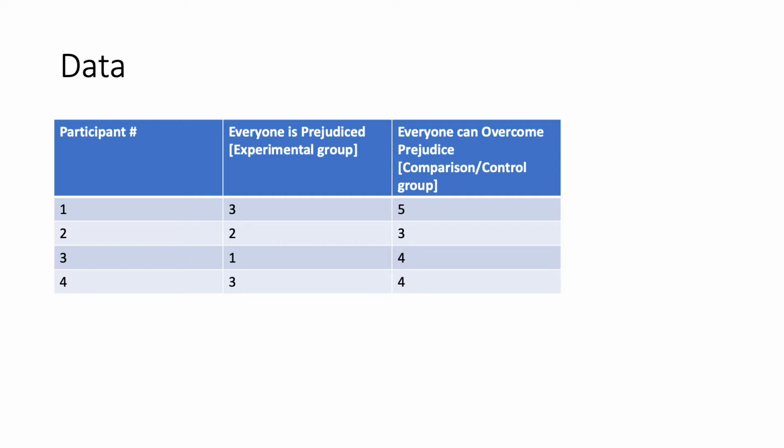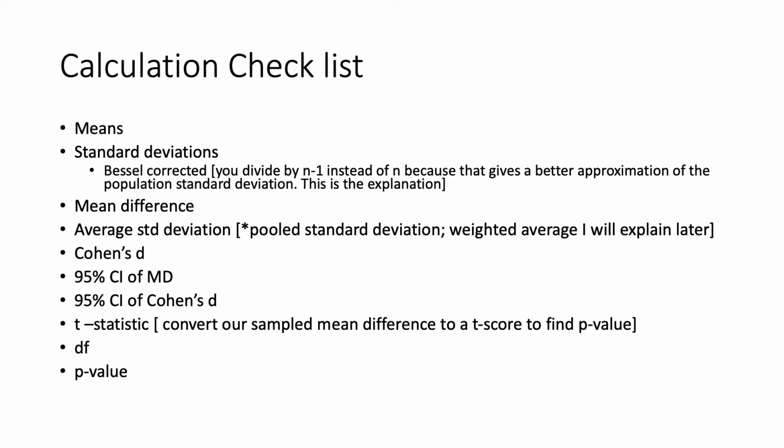So we're going to be calculating the same things we did last time, and we're going to have to enter this data into SPSS. So now we have the same calculation checklist. I want the means. I want the standard deviation, which will be Bessel corrected. I want the mean difference. I want the average standard deviation, which we know is now called our pooled standard deviation.